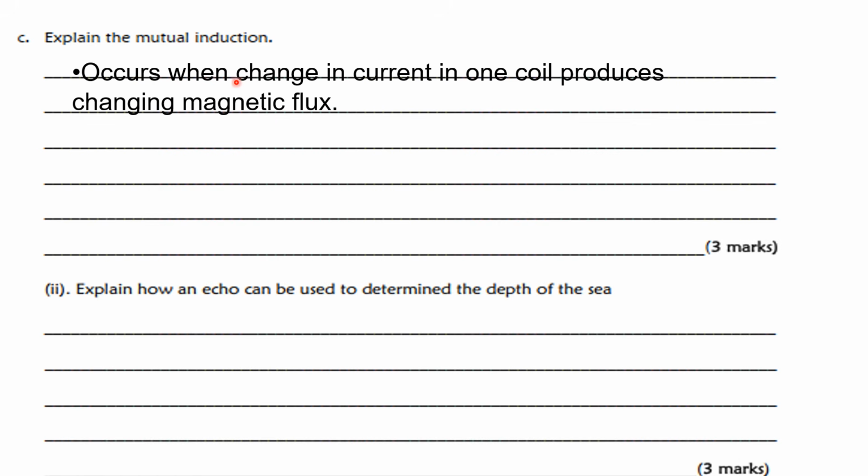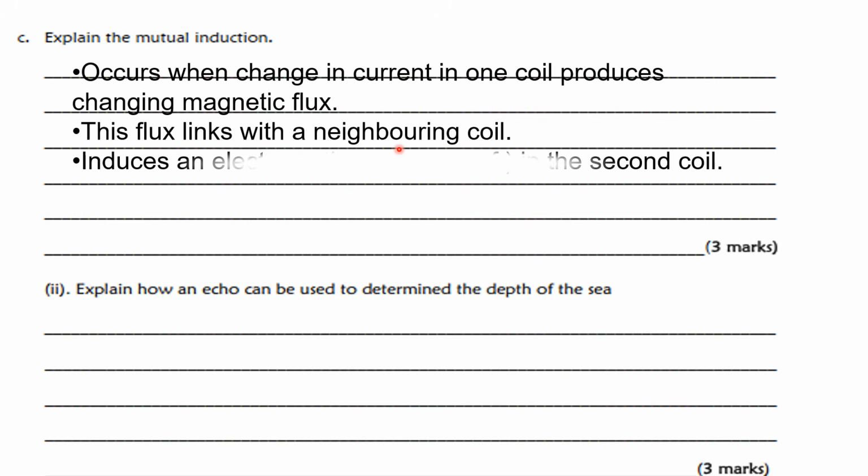So this flux links with the neighboring coil, the field, this one referring to the field. It's going to link with the neighboring coil like we showed in the diagram. As a result, this is going to induce EMF, which is a voltage, in the second coil.